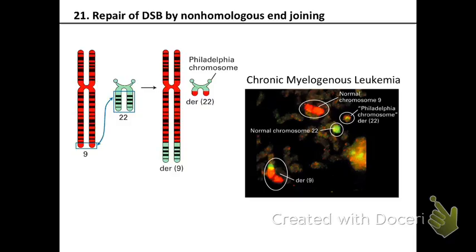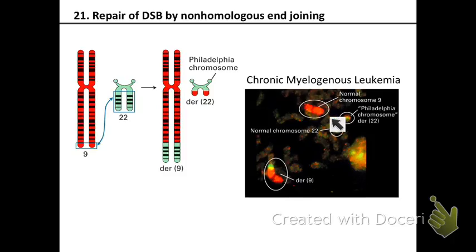So here's a FISH experiment. What you have here is the chromosome 9 labeled with a mixture of red probes, and chromosome 22 that is labeled with a bunch of green probes.